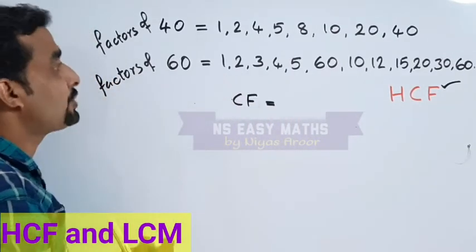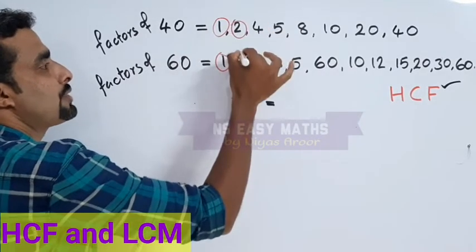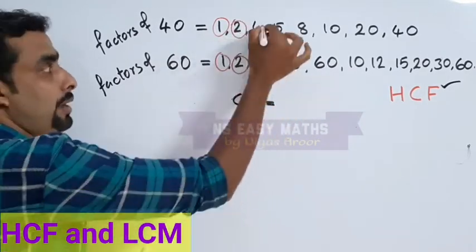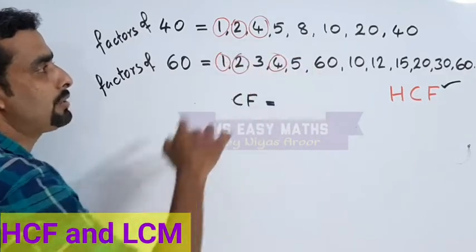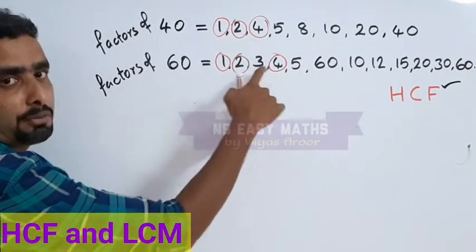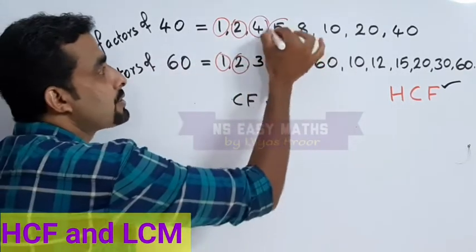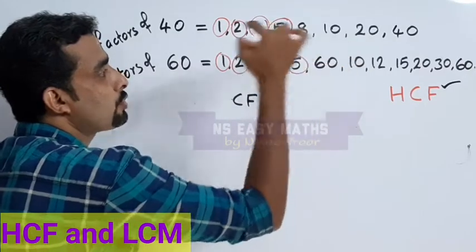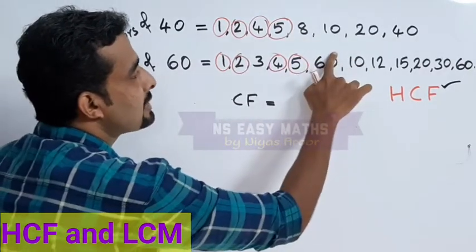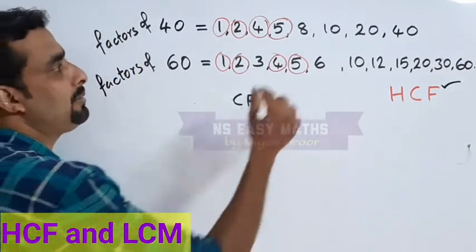Look at the common factors here. 1 is common, and 2 is common. 4 is common. 3 is not a common factor; it is a factor only of 60, but not of the number 40. And 5 is common. 8 is not common, and here it is not 60, sorry, it is 6.